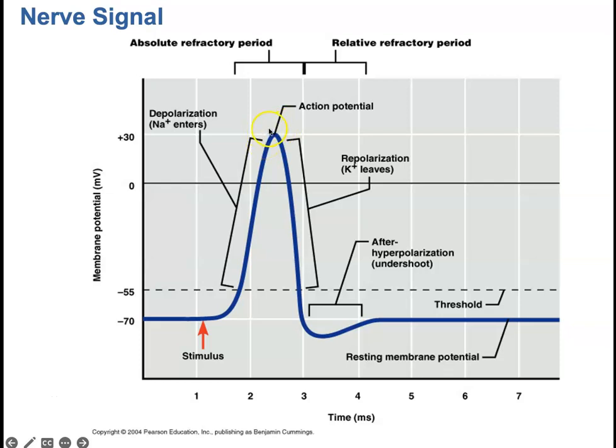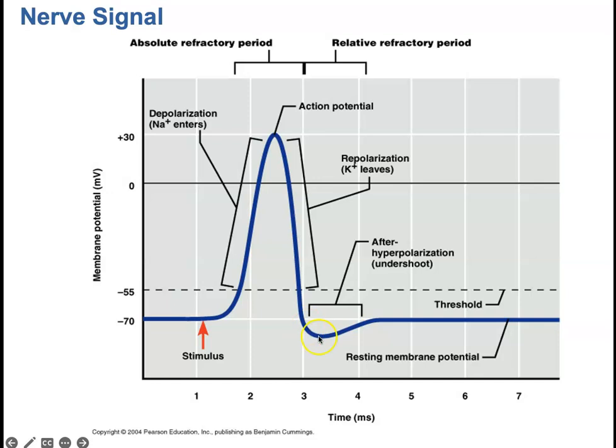Then when we're done doing whatever we're doing on the membrane, we close the sodium gates, potassium gates open, and the inside of the membrane becomes negative. That's why you see this happening. Potassium is leaving, going to the outside, the outside is becoming positive, the inside becomes negative, and then we have this extra negativity inside because too much potassium leaves.